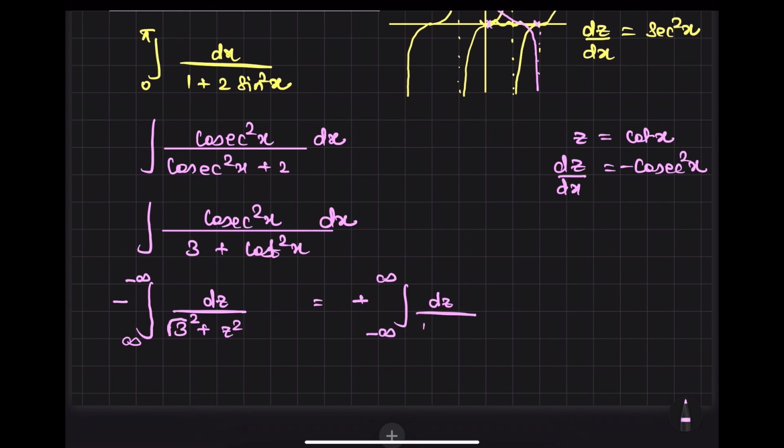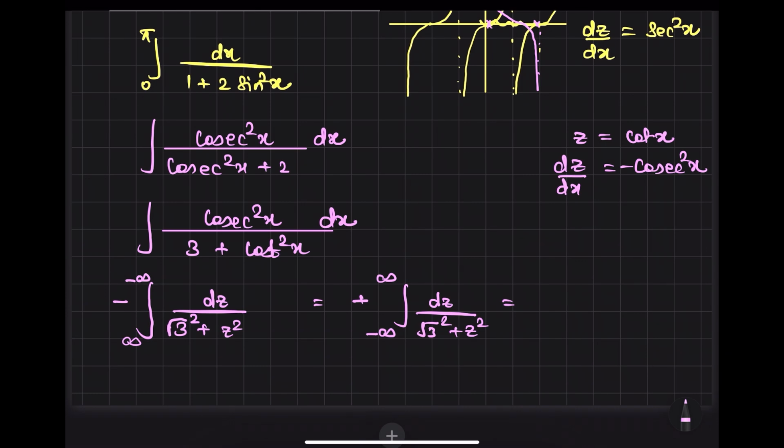dz by root 3 square plus z square. Now be super slow. So it is without root in the denominator. If it is with root, we used to write 1 by a, 1 by 2a, right? Do you remember that thing? So here it is without root, and if we are comfortable we will be writing 1 by a.